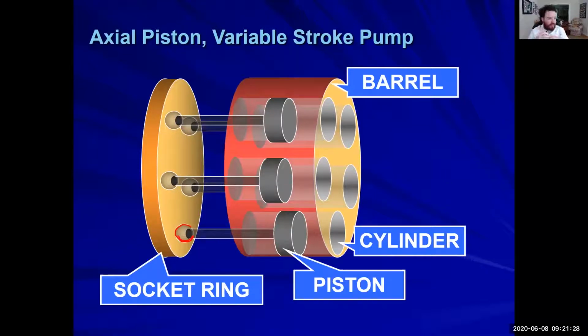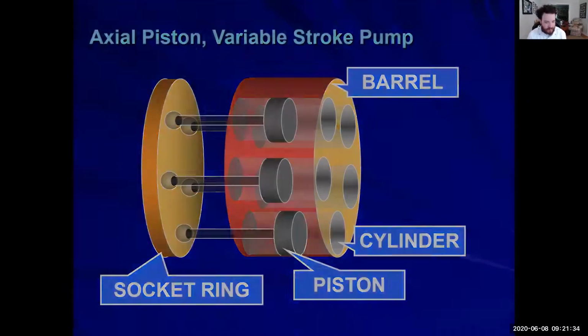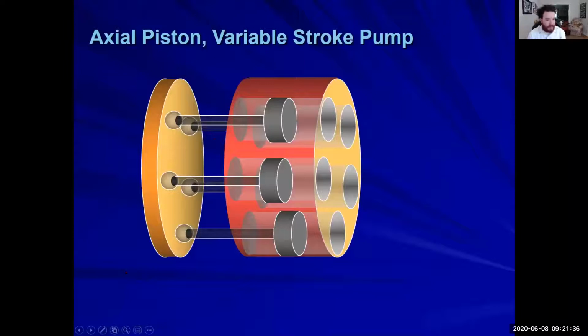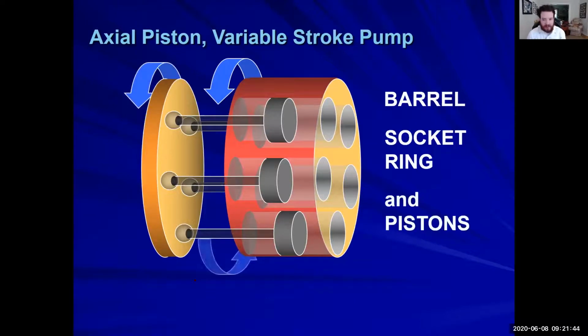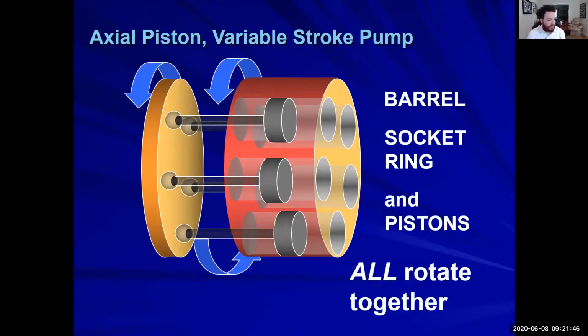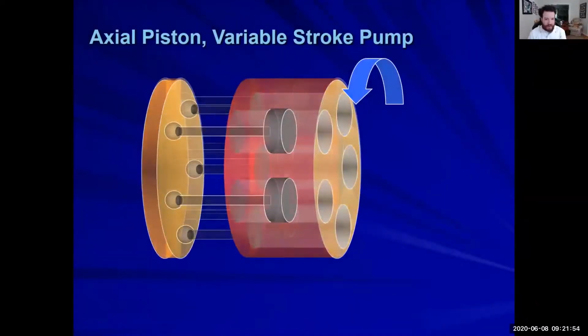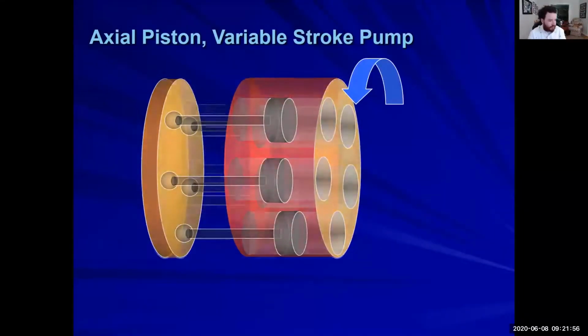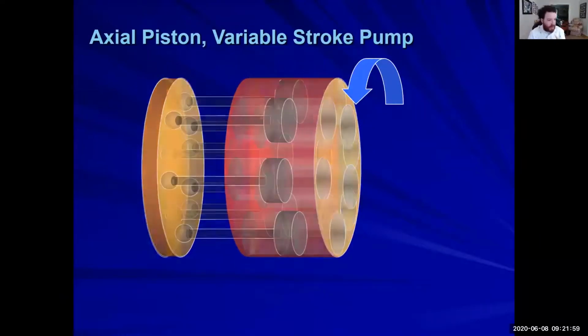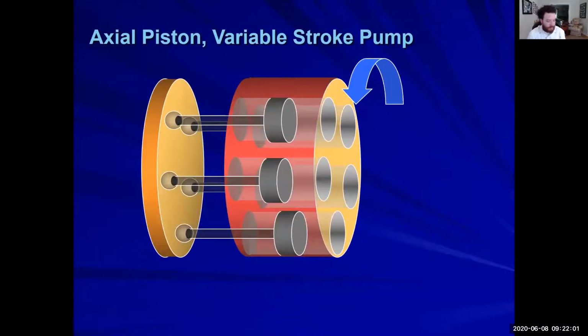The piston sticks onto it, and that's what's going to be riding on the socket ring. Now, this whole assembly is going to be spinning together: the barrel, the socket ring, and the pistons. So they're rotating in one mass. But as it rotates in this position, it's not going to be pumping any fluid because these pistons are not moving.